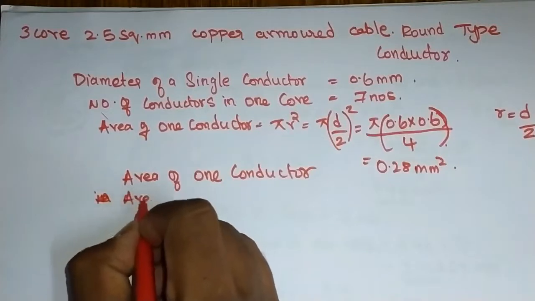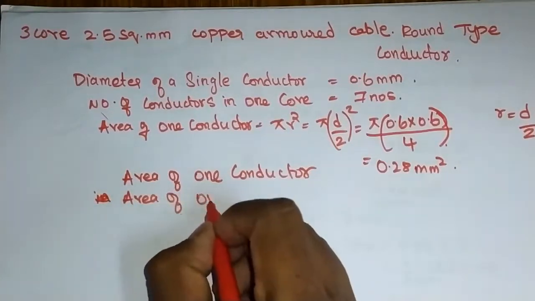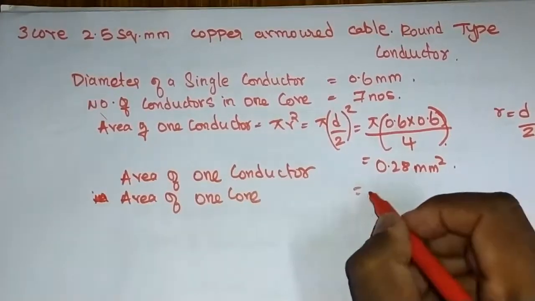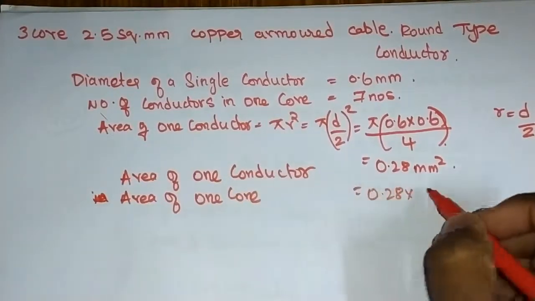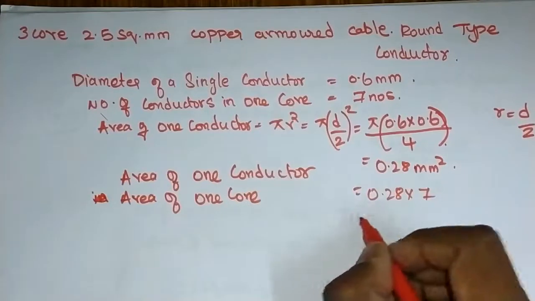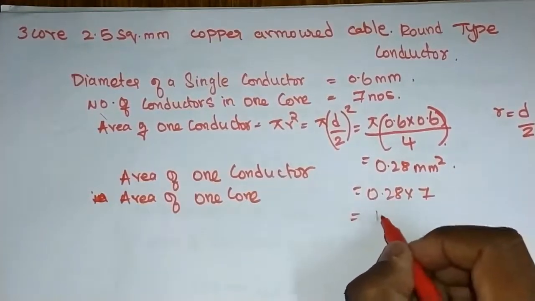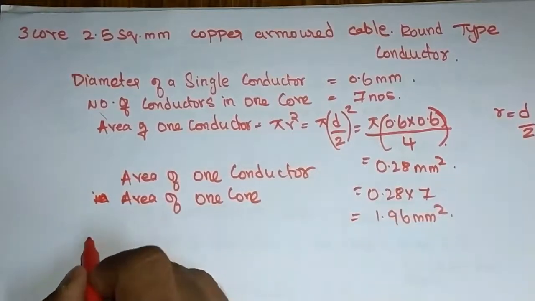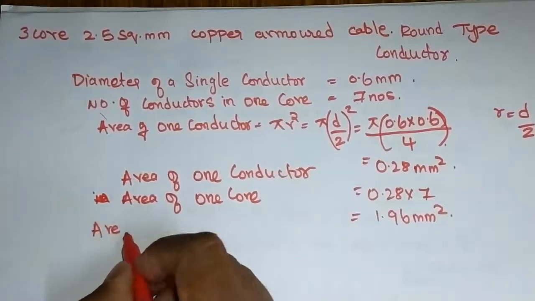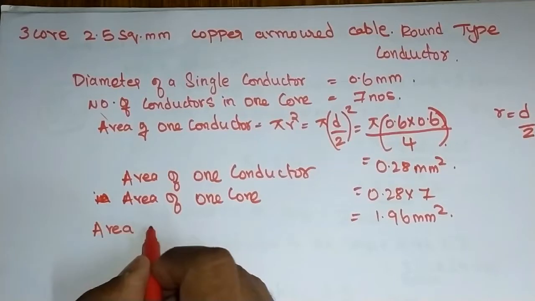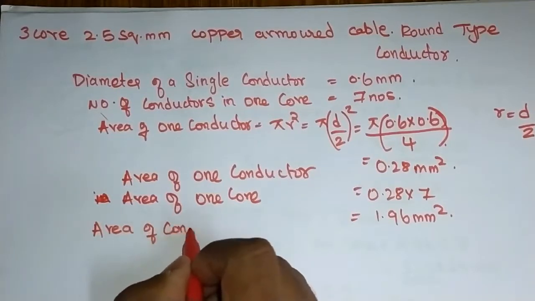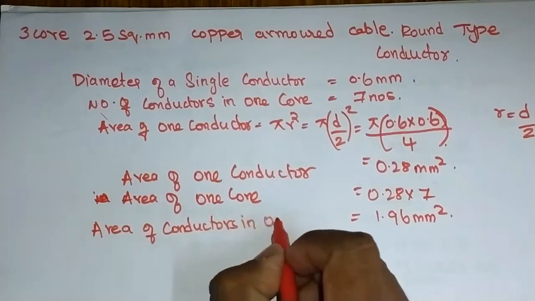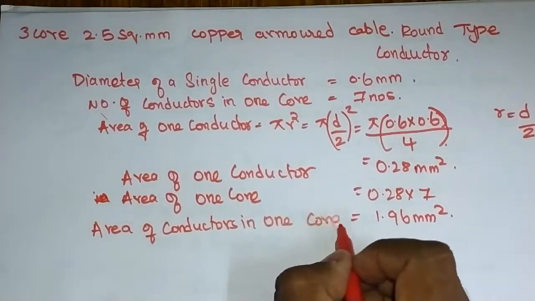In a core, we have already found there are 7 conductors. So the area of one core is 0.28 into 7, which comes to 1.96 mm square. So I rewrite: this is the area of conductors in one core.